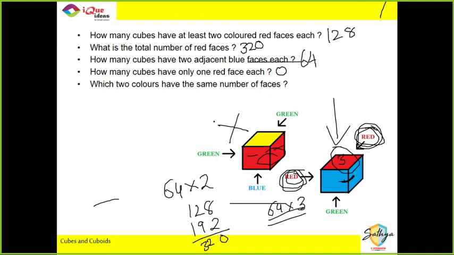Now, which colors have the same number of faces? कौन से colors हैं? Green है, red है, blue है, yellow है. Green वाले कितने हैं?